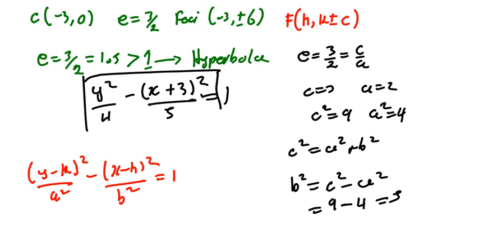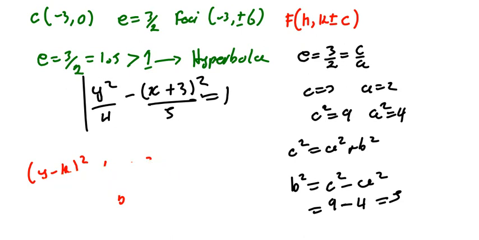This one right here is the standard equation of the circle, sorry, of the hyperbola. So here, just focus on the eccentricity to help you determine what type of conic section you're dealing with. Then from there, you can find out what the orientation is. From the orientation, you come up with your equation.